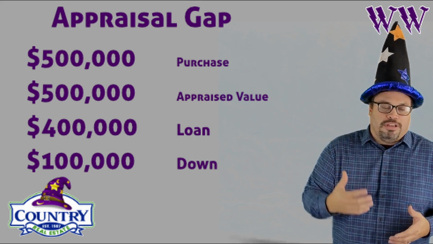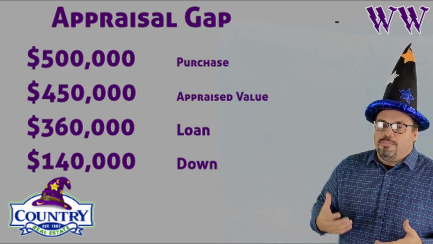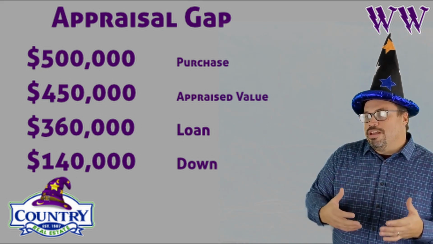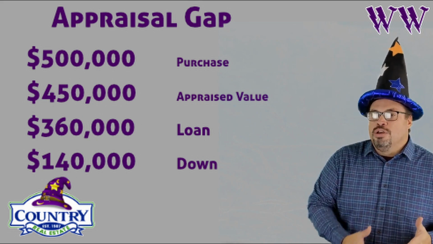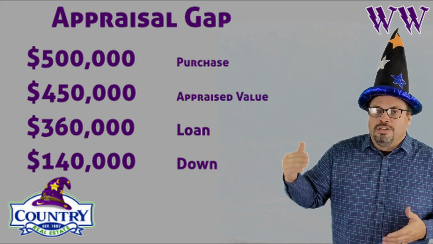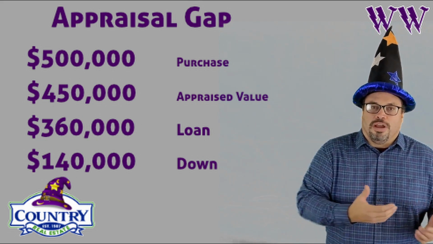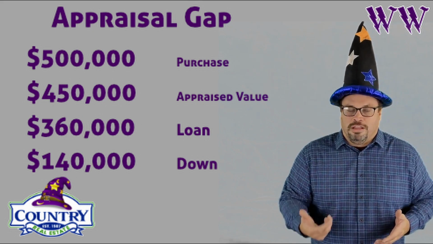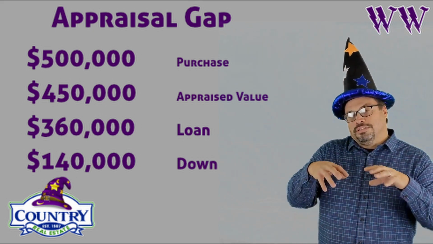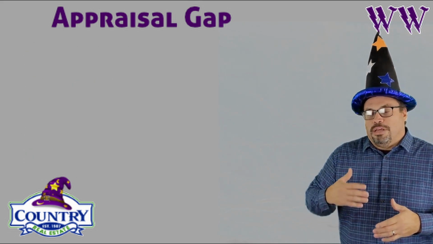If the appraiser values the home at $450,000, that means that 80% loan would only be $360,000, but you still have an offer for $500,000. So now instead of bringing $100,000 into the deal, you have to bring $140,000 into the deal.